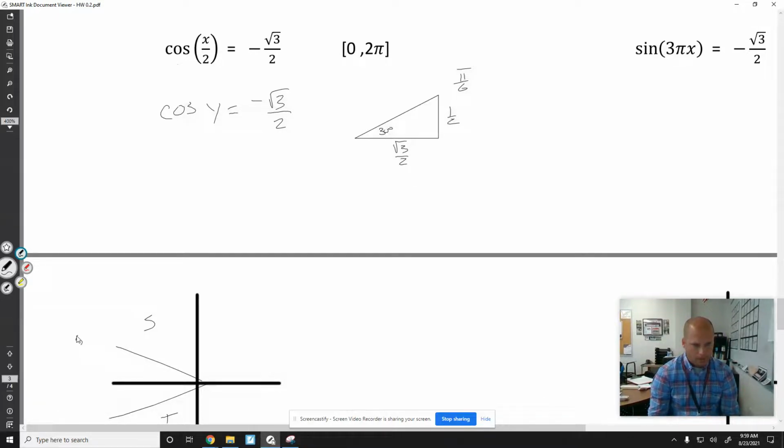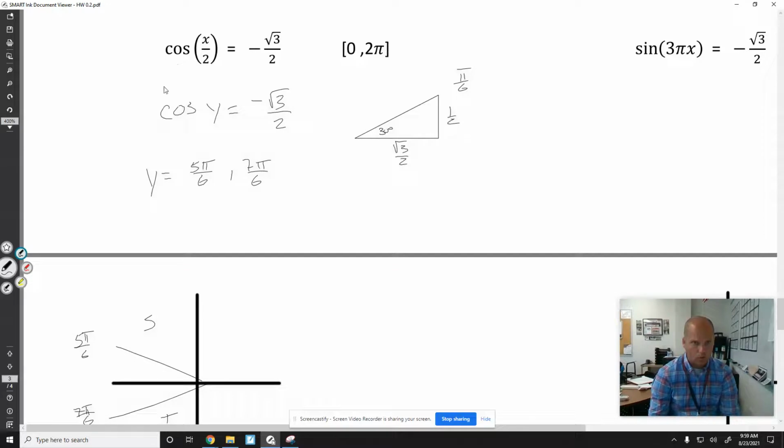All right. 5 pi over 6, 1 pi over 6 less than 6 pi over 6, 7 pi over 6, 1 pi over 6 more than 6 pi over 6. So we start with y. Those first two are between 0 and 2 pi.